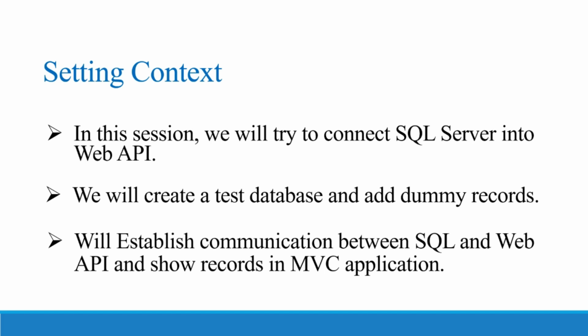One thing I want to highlight here is that we are not using any kind of ORM like Entity Framework or others. We are using a simple classic method to set up communication between SQL and Web API. Here we will use a data adapter for the same. So I think we are good to go here. So let's start.